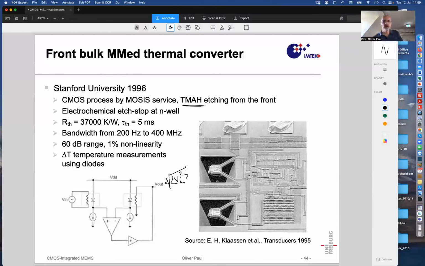And then also some silicon stayed here. The silicon of the substrate was removed, but then we had some silicon islands down here. This was an N-well, like in these electrochemically etched pressure sensors that I mentioned, where the P substrate is removed until the N membrane structure is reached.